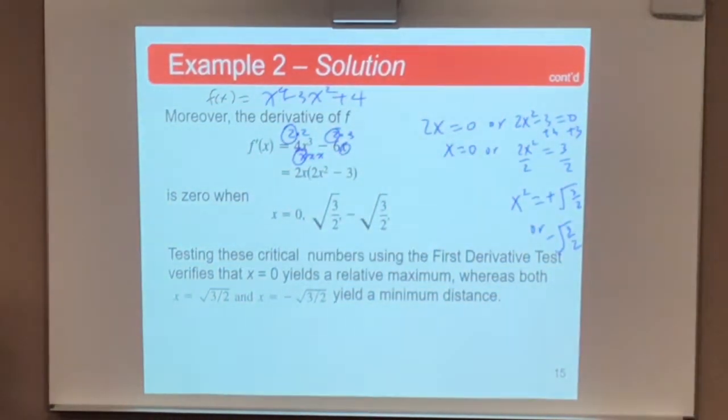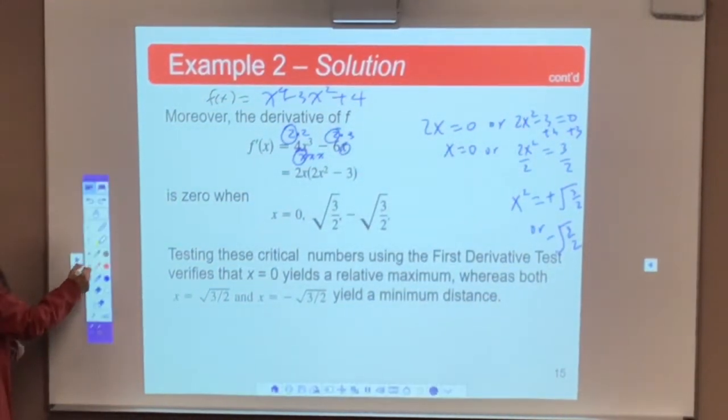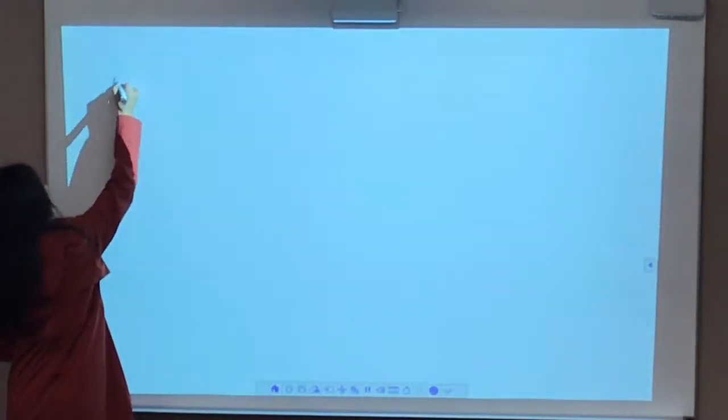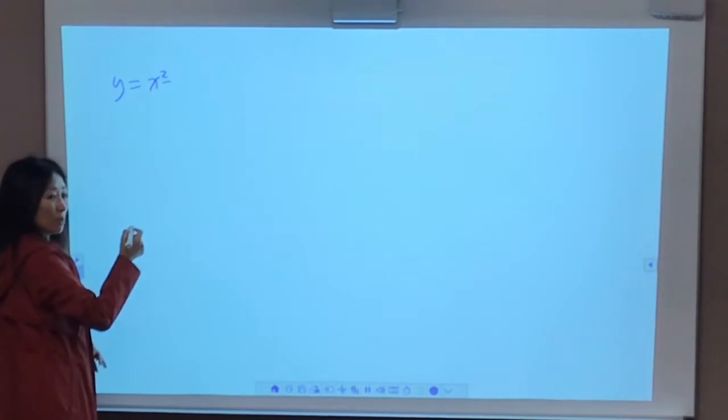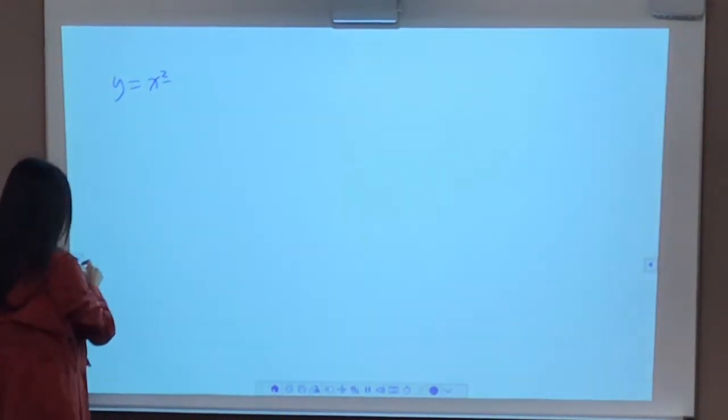So I'm gonna erase this with the plain paper. Okay, so this is what we have. Let's go back over everything one more time. My equation is what? 4 minus x squared.